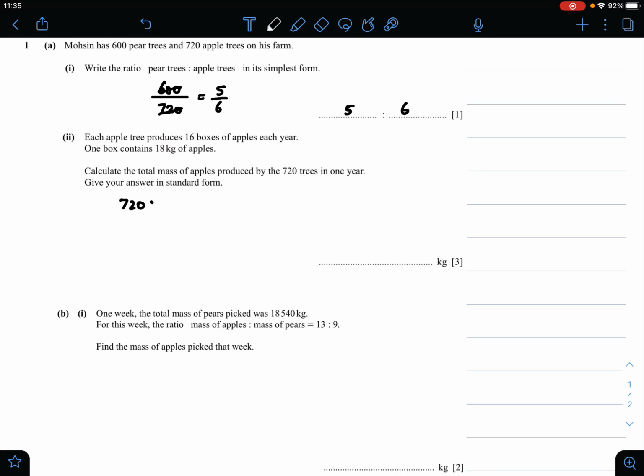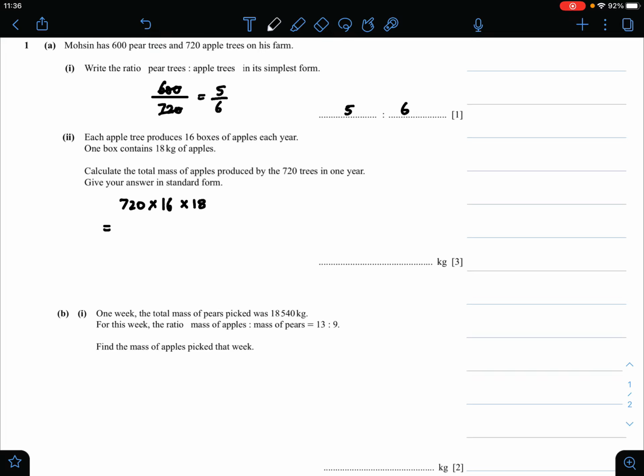So 720 trees multiplied by 16, because each tree produces 16. And one box contains 18 kgs of apples. So multiplied by 18, because each box contains 18 kgs. So the total would be 720 multiplied by 16 multiplied by 18.